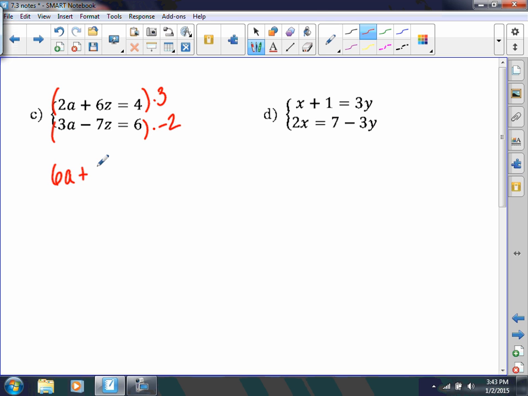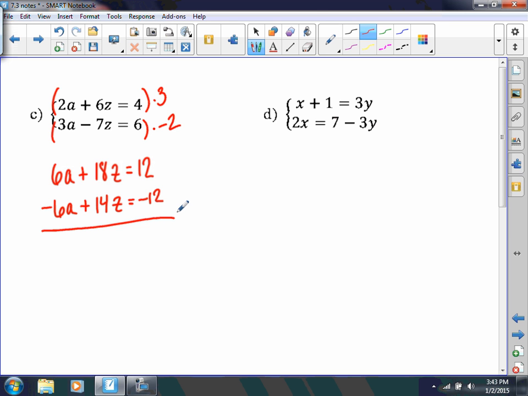And 3 times 6 would be 18z equals 12. And then in my bottom equation, I'll have -6a. -7 times -2 is positive 14z. And then a -12.